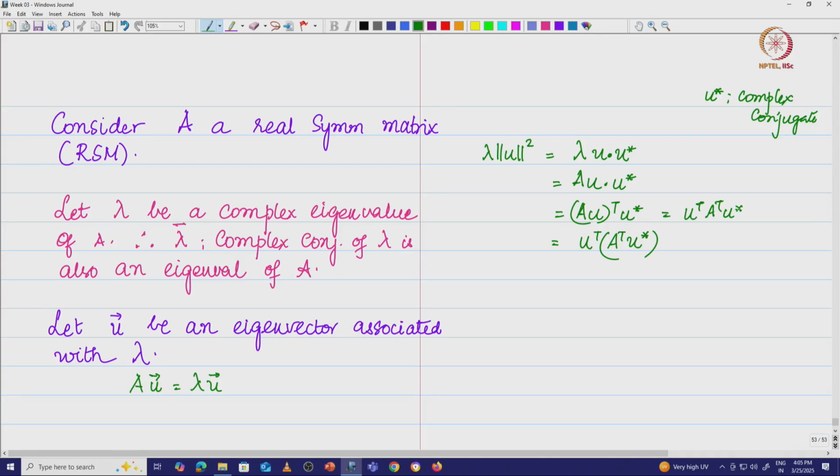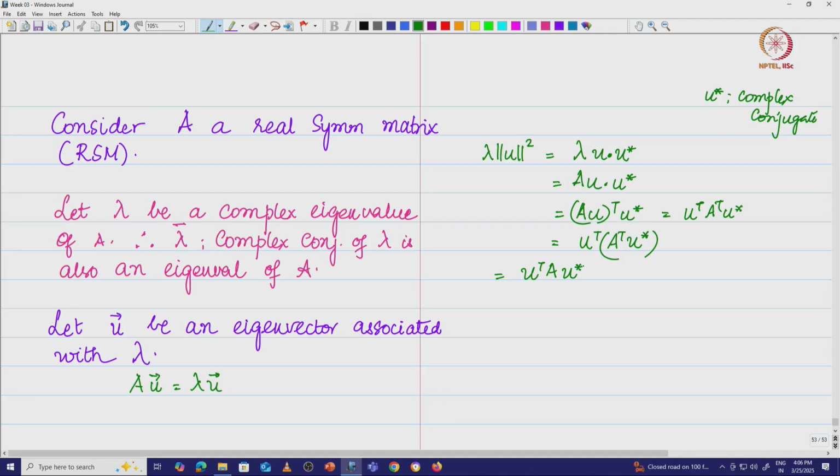But A transpose is the same as A, so I will write this as u transpose A u star.